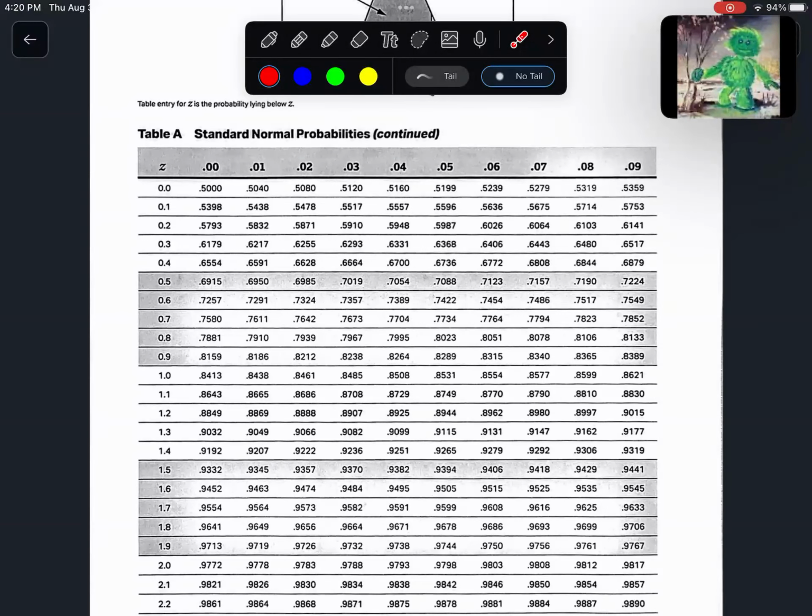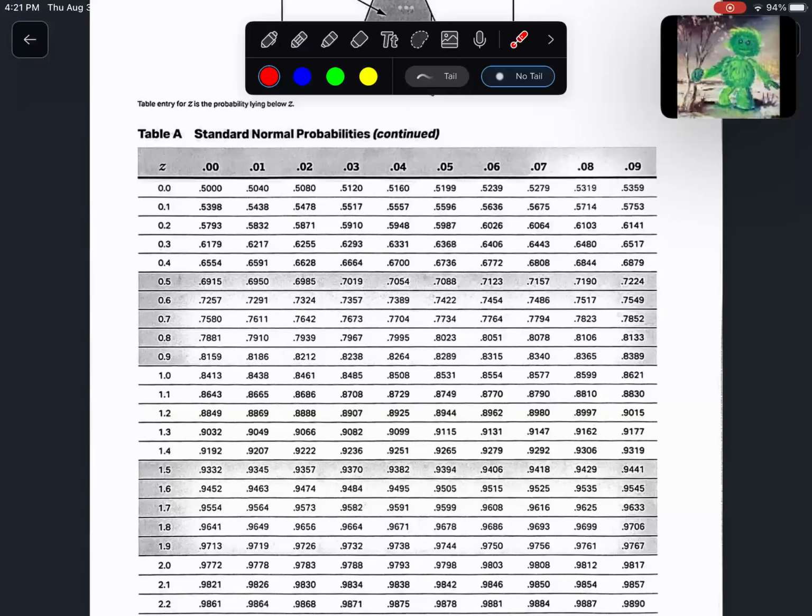If I wanted to find the 90th percentile of temperature, I'm starting on the inside. I'm looking for as close as I can get to 0.9. Luckily, these are in numerical order, so go down, down, down. Looks like the closest one is right here, 0.8997. And what I learn is that I've got an 0.8 in my column. I've got a 1.2 in the row. So the approximate z-score is 1.28.